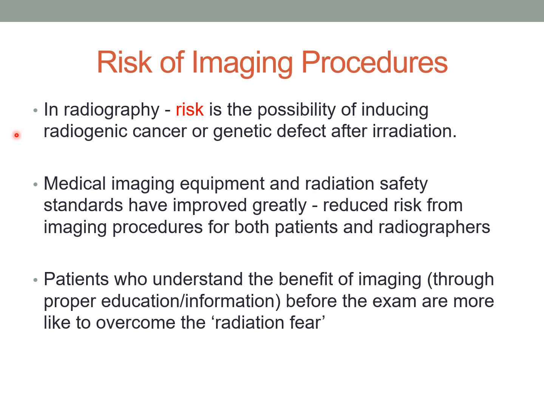Medical imaging equipment and radiation safety standards have improved greatly, reducing risk from imaging procedures for both patients and radiographers. Patients who understand the benefit of imaging through proper education and information before the exam are more likely to overcome the radiation fear. So basically we're just trying to reduce the risk of irradiation for ourselves and for patients. We don't want to give anyone cancer.